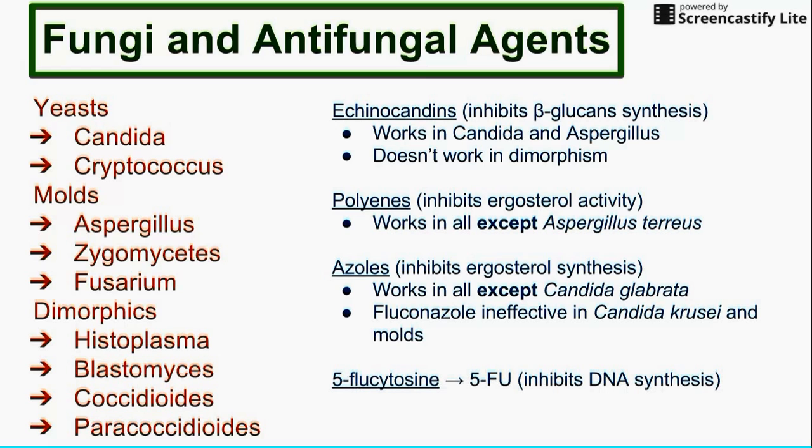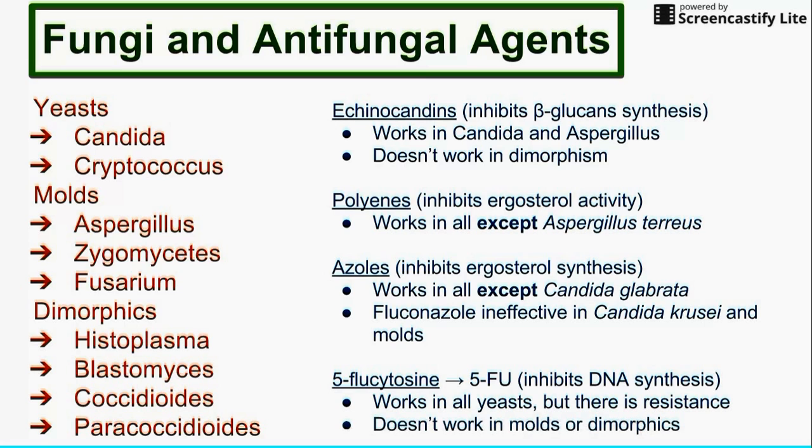And then, of course, 5-FC works in the yeasts. They do cause some resistance in the yeast, so it might not be your first choice. And it does not work in the molds and dimorphics. So of these shown here, it seems like polyenes have the broadest range, whereas 5-FU or 5-FC that gets converted to 5-FU has one of the smaller ranges.